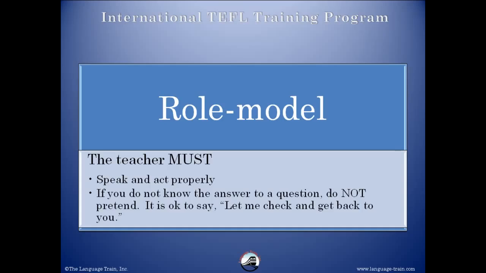If you have internet in your classroom, look it up. Look it up immediately. Google is a fascinating little search engine. All you have to do is type a word in, and all sorts of stuff comes up. If it's a difficult question to find an answer to right away, well, you're going to have to just say, I don't really know the answer to that right now, but let me check, and I will get back to you.